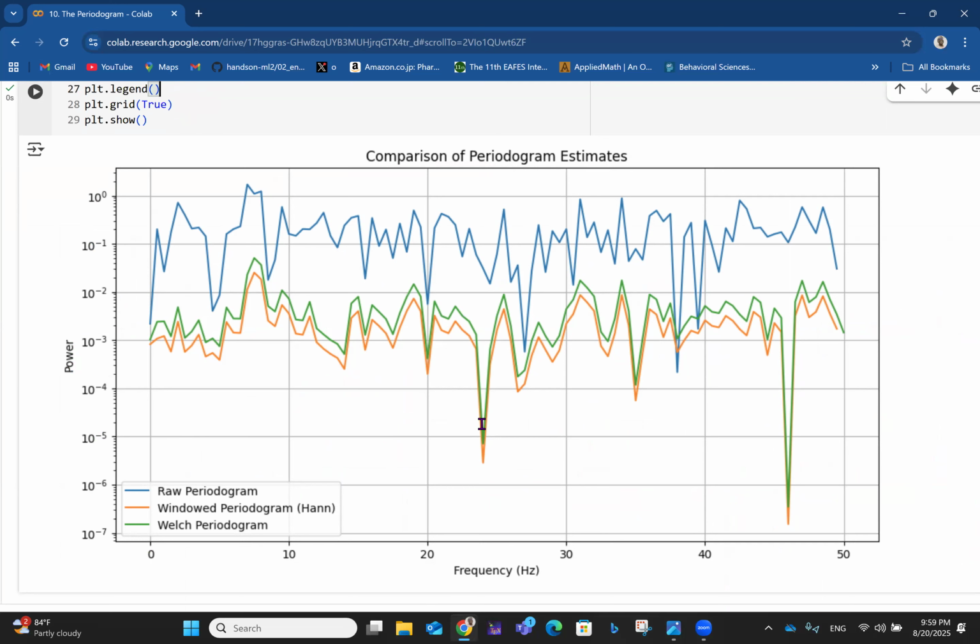So the peak for the raw periodogram is a bit above 1, because 10^0 is 1. It's a bit above 1. Remember the 1.75. So when we Welch it now, we have something between 0.01 and 0.1. And then when we apply the windowed periodogram to it, when we window it, then it reduces a little bit further. It's still above 0.01, but it's not as much as what we have for the Welch periodogram.